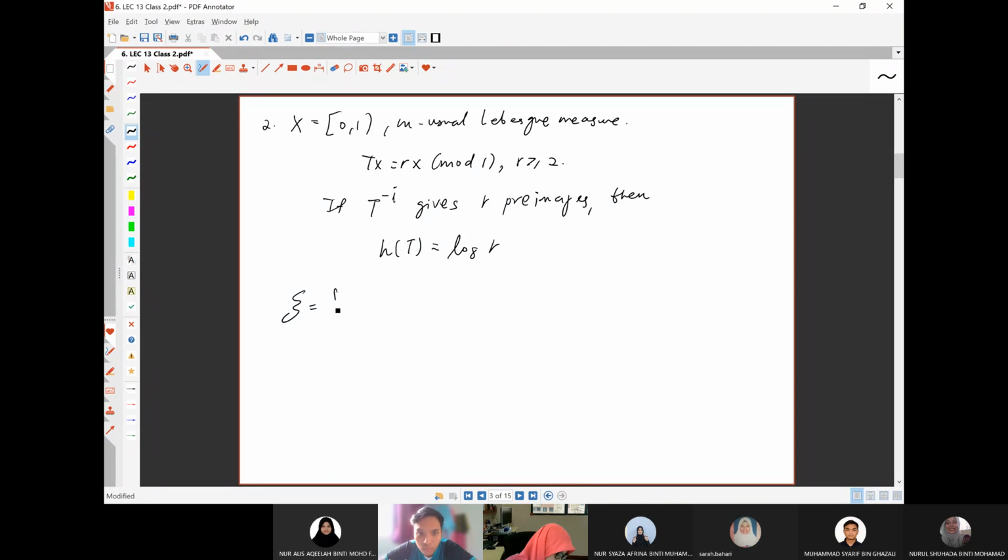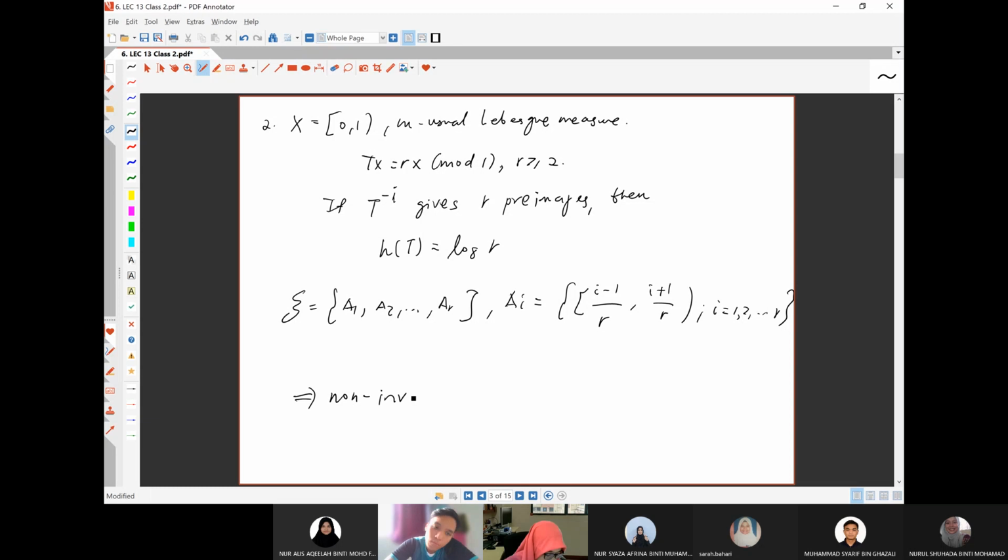So for psi that has these elements, A_i is given by this segment, where i runs from 1, 2 until r. So you will have r pre-images. If there are r pre-images, that means this is non-invertible.